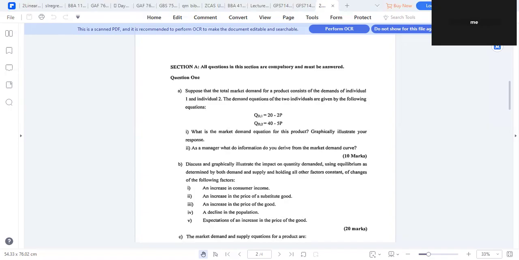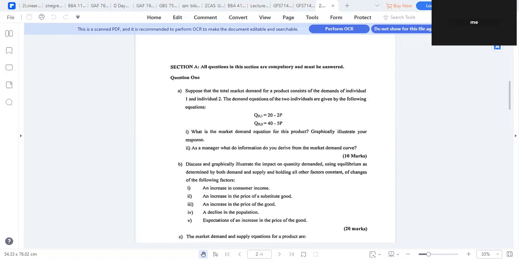For individual 1, we have the following demand function: 20 minus 2p. In individual 2, we have 40 minus 5p. So we need to add these two.